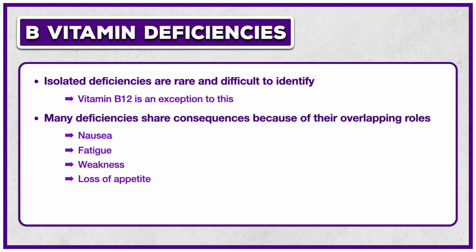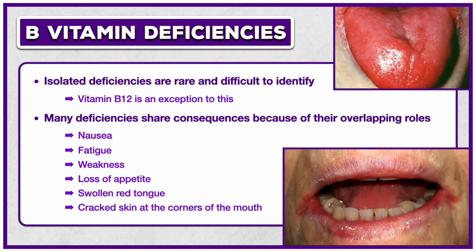Putting that aside, many B vitamin deficiencies share consequences because of their overlapping roles. That includes nausea, fatigue, weakness, and loss of appetite. B vitamin deficiencies are also known to lead to a swollen red tongue and cracked skin at the corners of the mouth, both of which can be painful.